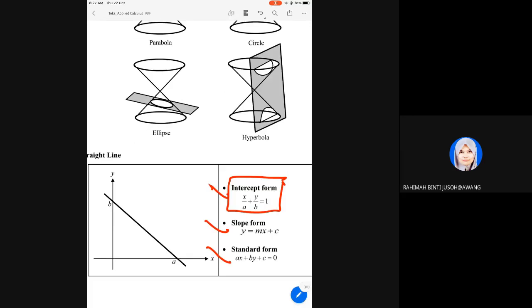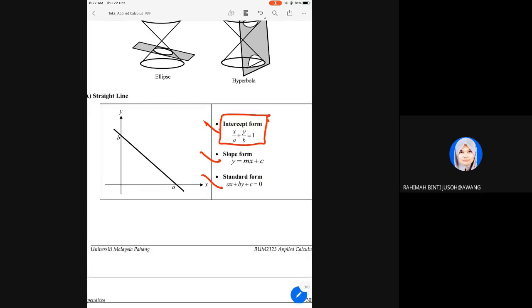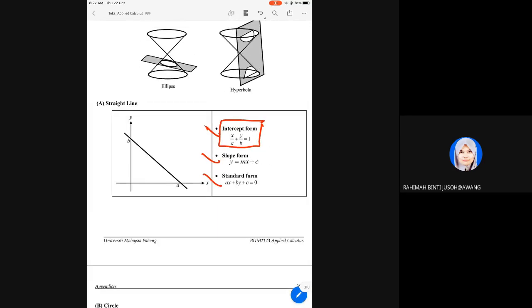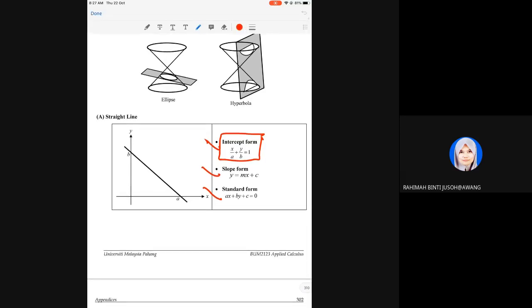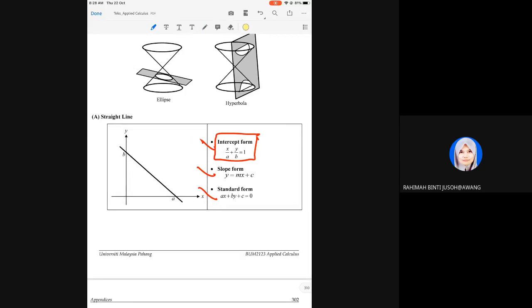We already give you the formulas to sketch a straight line. During your secondary school, I believe you already learned slope form and also standard form.